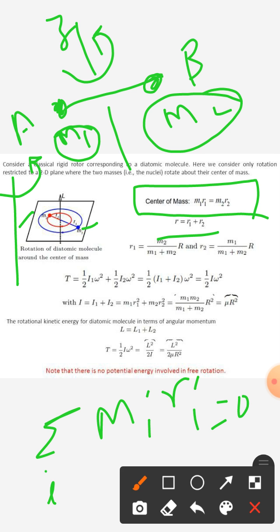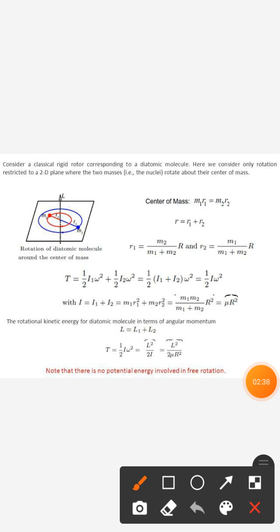So after solving this we have the condition m1 r1 equals m2 r2, or we can say that R equals r1 plus r2, where R is the distance. Here it is slightly changed: it is not small r, it is the capital R.